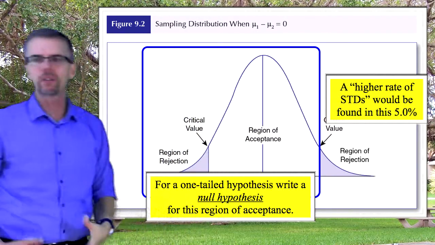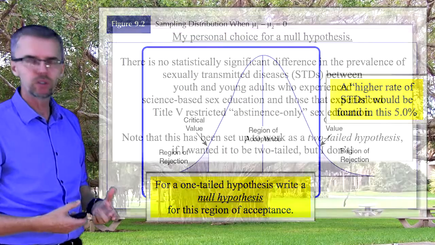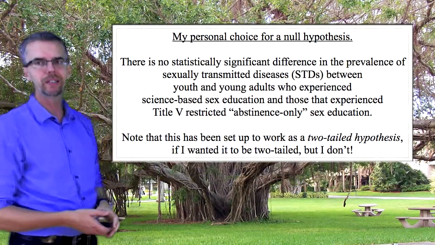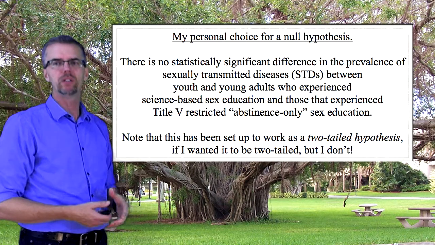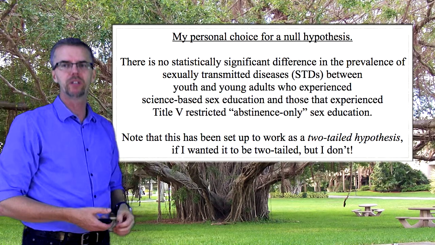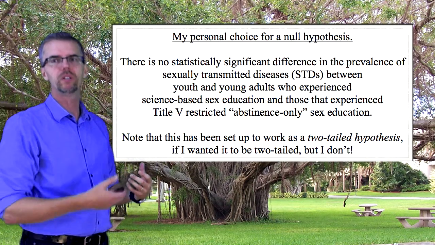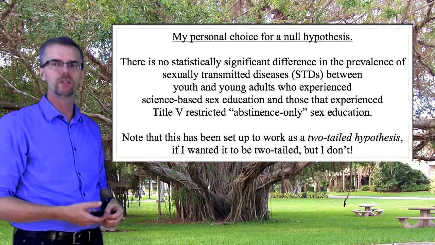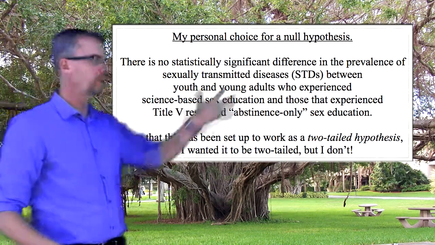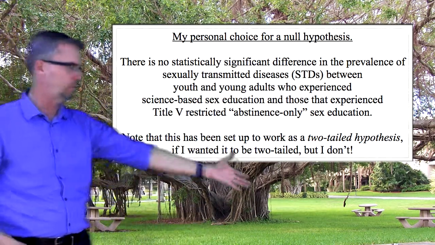Okay, so how to write the null hypothesis? My personal choice for a null hypothesis is this: there is no statistically significant difference in the prevalence of sexually transmitted diseases between youth and young adults who experience science-based sex education and those that experience Title V restricted abstinence-only sex education. Okay, so this has been written in a way that it will actually work for a 2-tailed hypothesis.